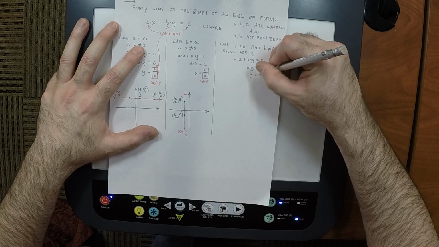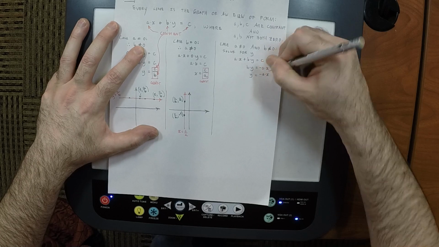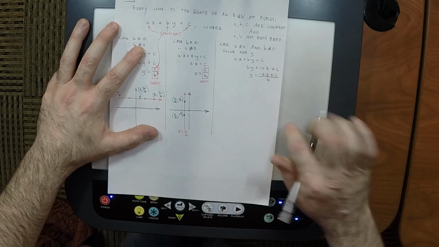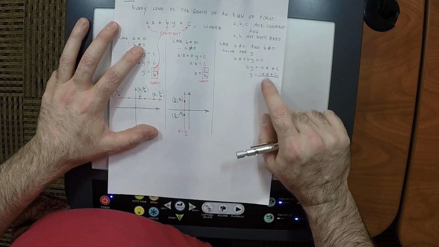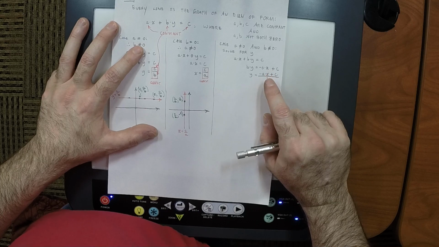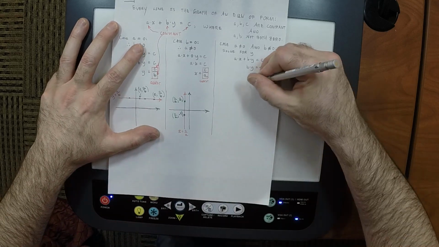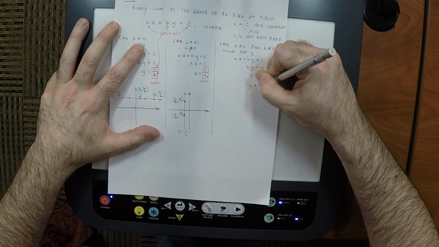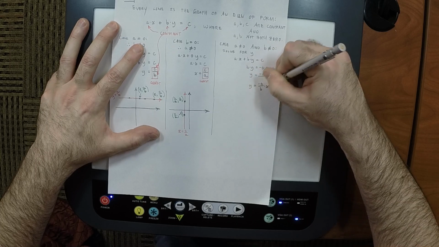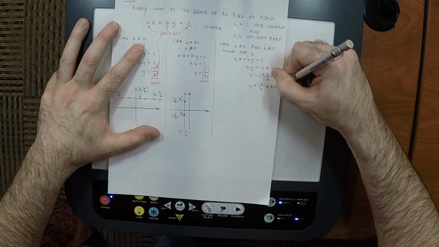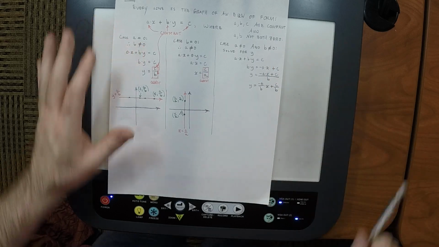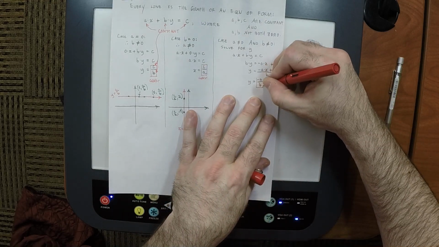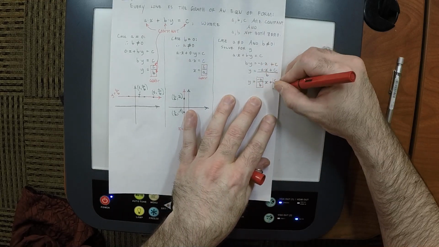So we divide by B, negative AX plus C, and then all of that over B. And then we can distribute that division in to obtain y is negative A over B x plus C over B. And again, these numbers are constant.